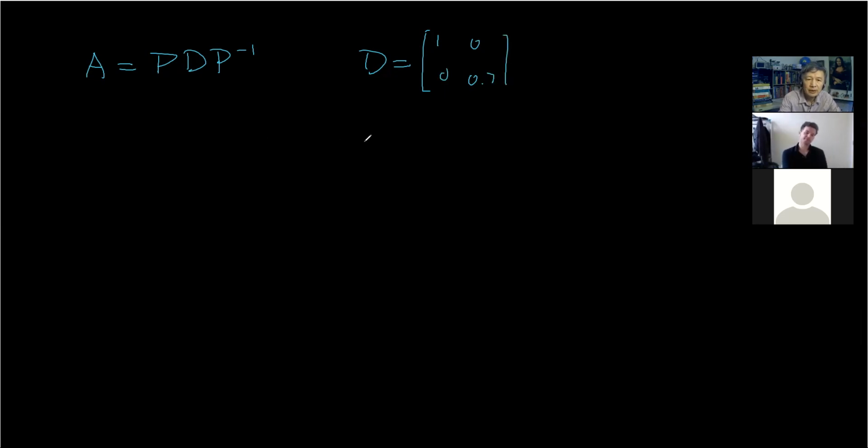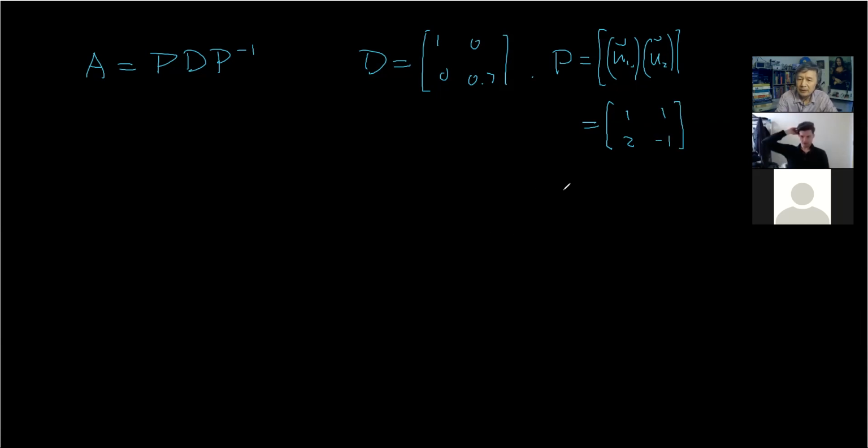And we also know that P can be constructed by eigenvector 1 and eigenvector 2. That's my notation, not very formal. Do you remember that notation? One is 1, 2, and that is negative 1.